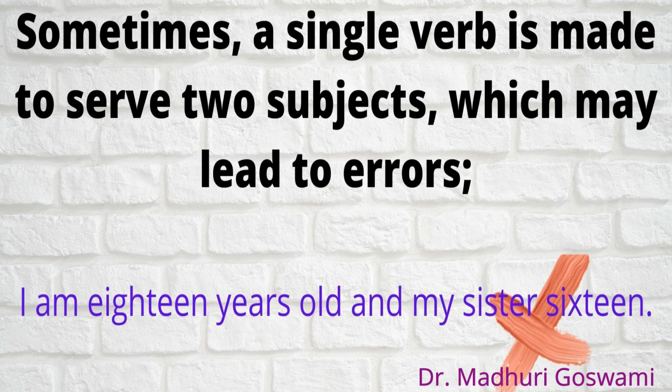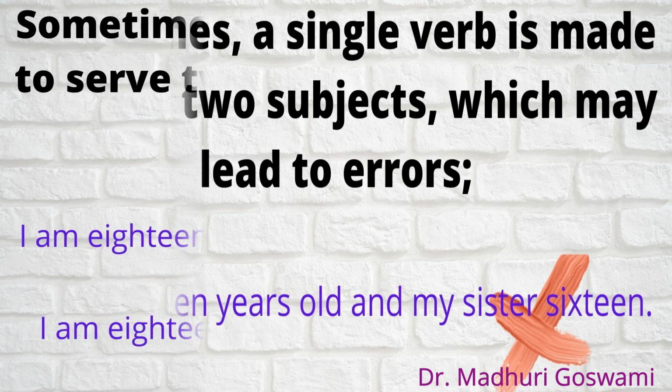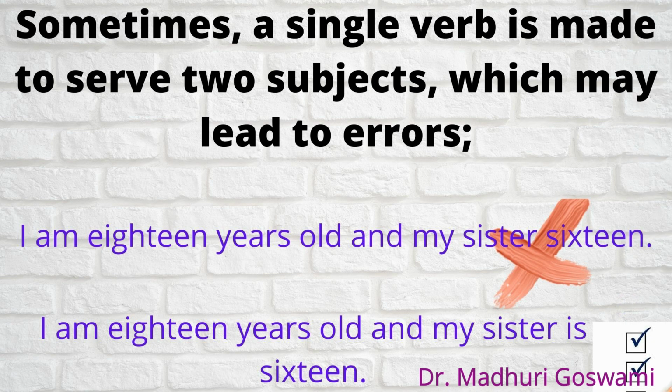So, my sister, this subject will take another verb and that would be is, because we are using the verb be, the form of the verb be in this sentence. So, with I subject we use am and with my sister we use is. So, this sentence should be written like this: I'm 18 years old and my sister is 16.